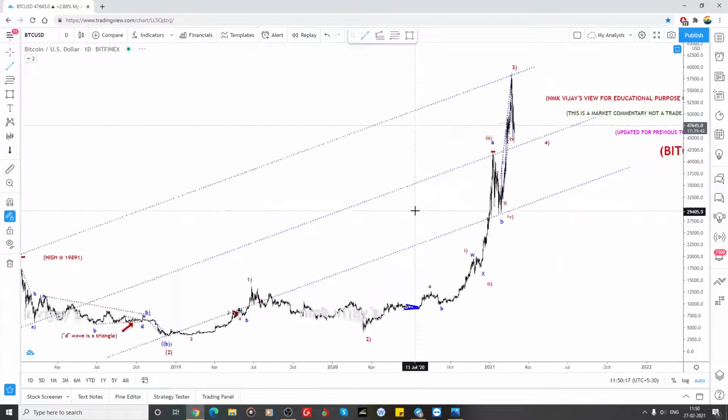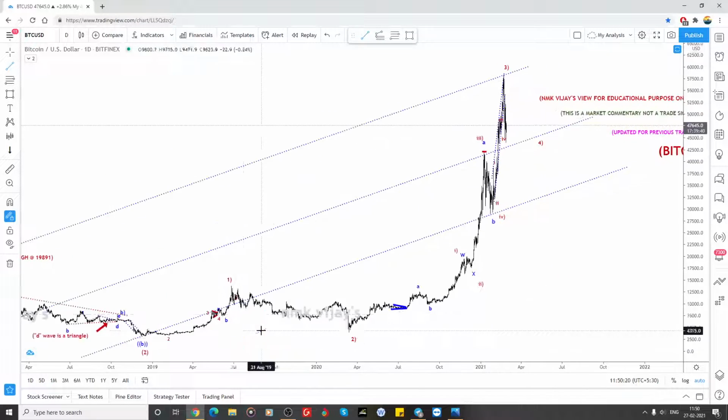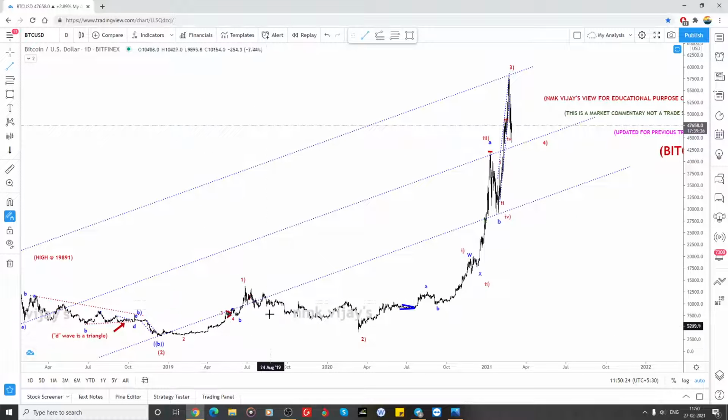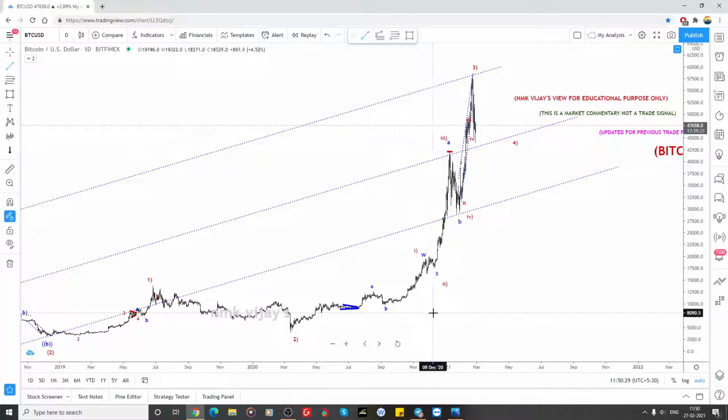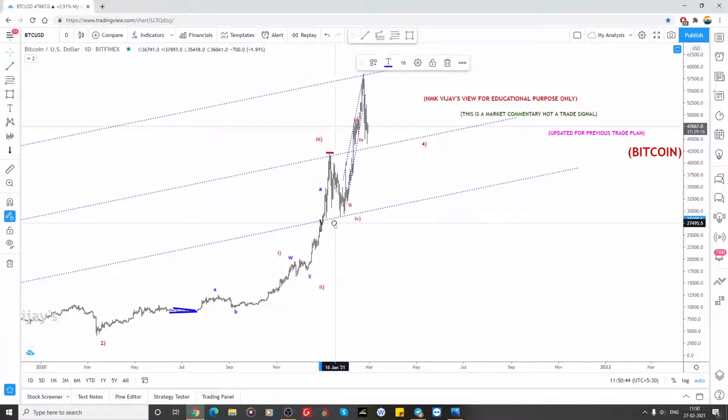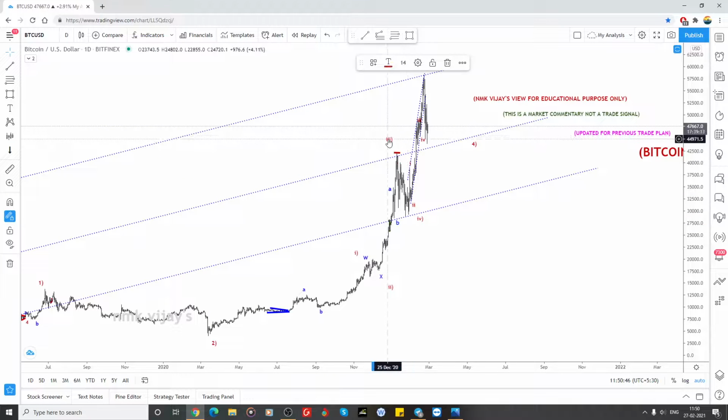So Bitcoin here, I marked this as a 1 or 2 or A or B, and here it's looking like a diagonal formation of ABC as a 1, ABC as a 2, AB, and here I took this AB and WX ABC. Here itself I got completed in the previous A, B, and C. So this is the end of the third, so fourth and fifth.